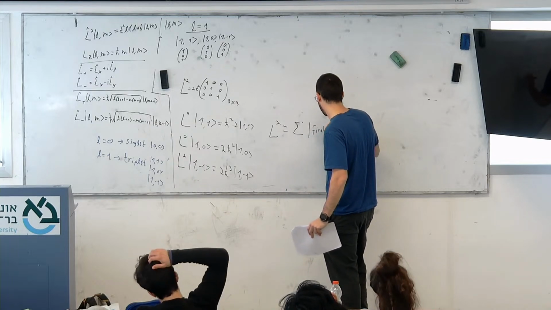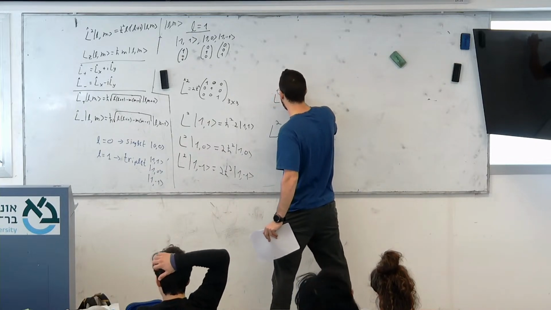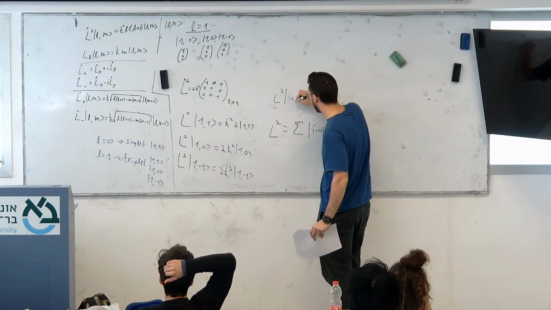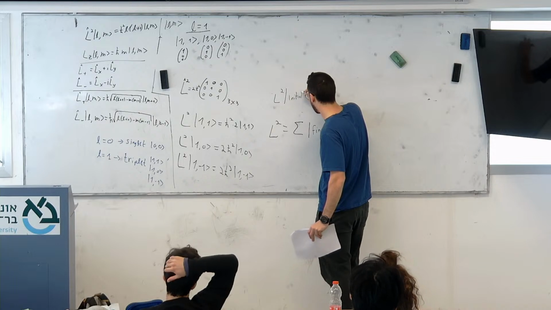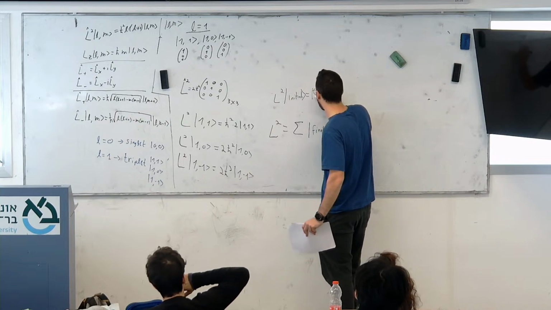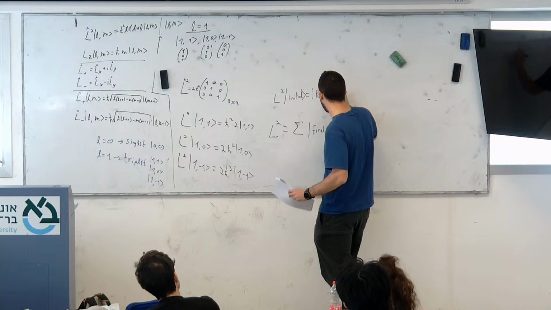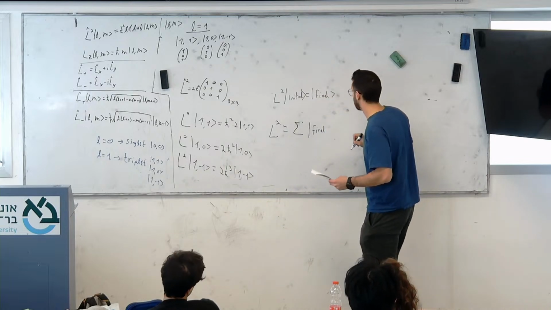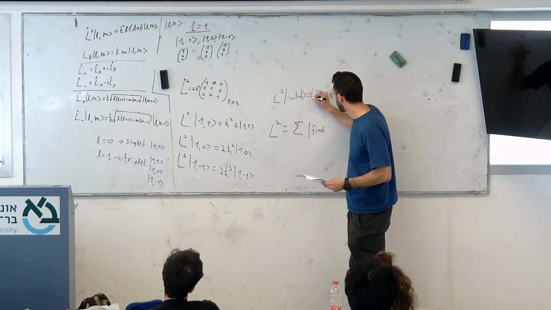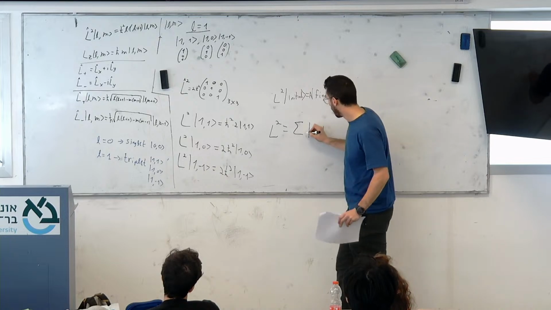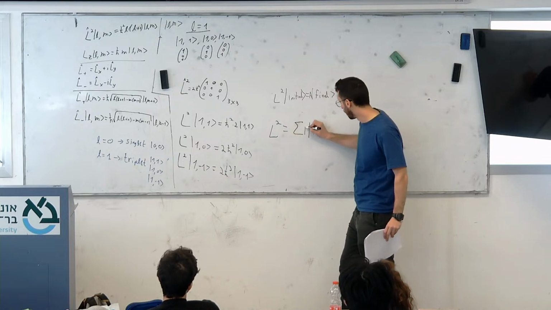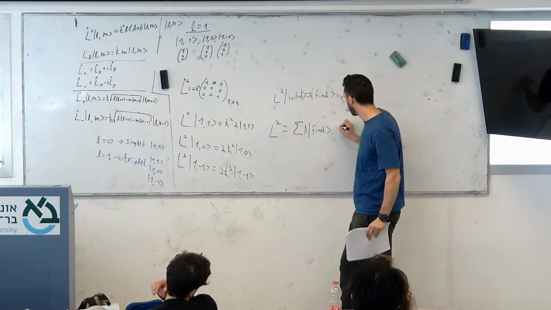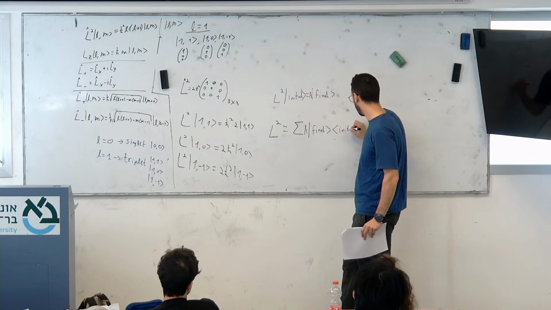If I apply L squared to the initial state, I get the final state, and I can have here some constant if I want, let's say A. So I can write L squared as a sum over all A, final, initial.